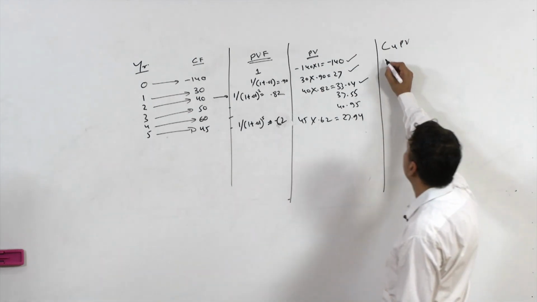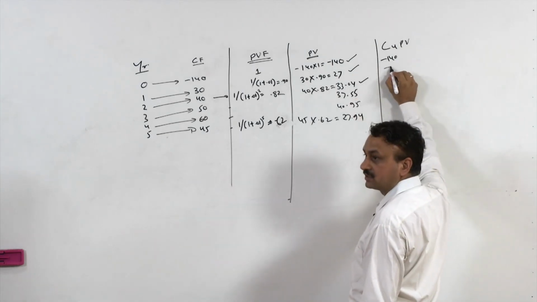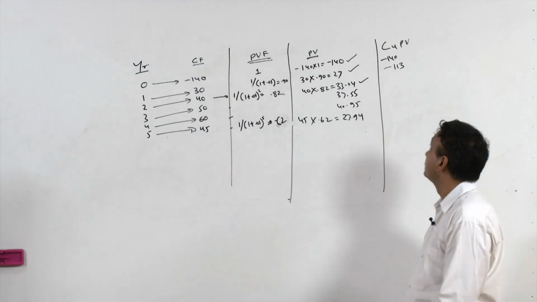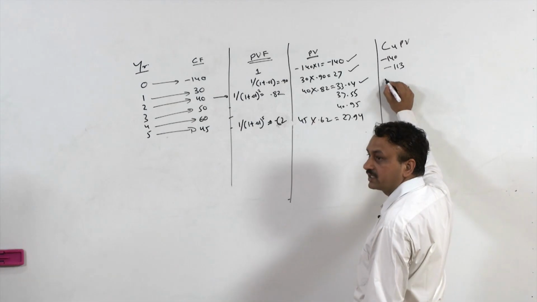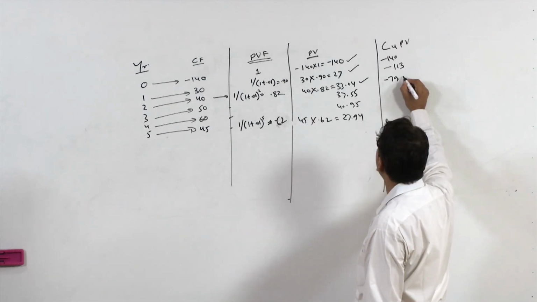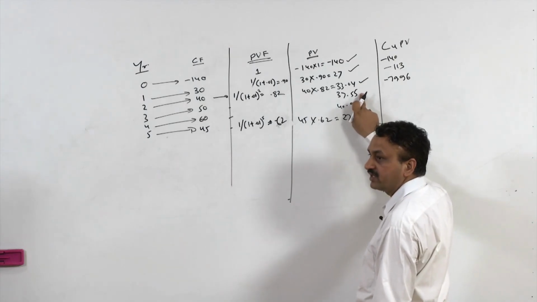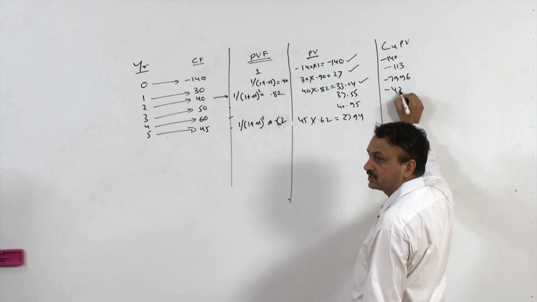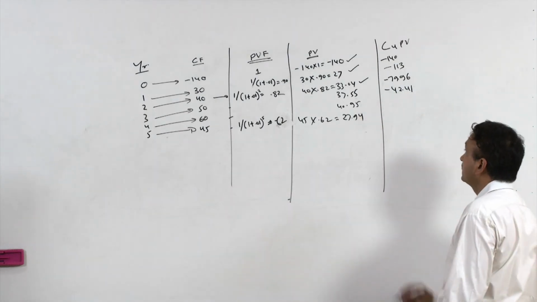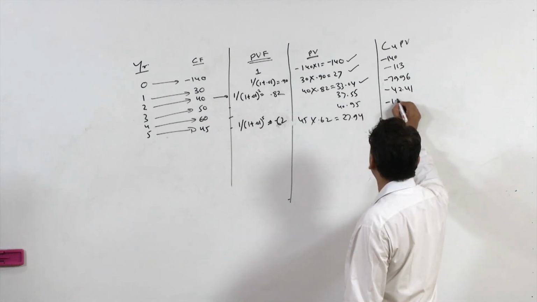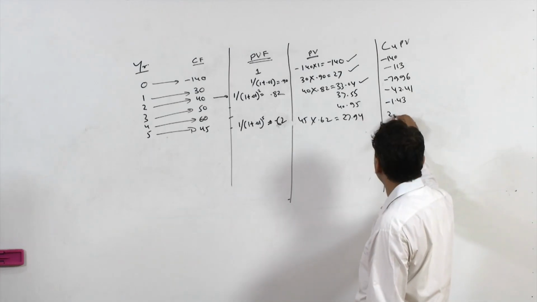So this is minus 140 plus 27, so minus 113, plus 33.04, so you will get minus 79.96, plus 37.55, so you will get minus 42.41, plus 40.98, so you will get minus 1.43, and finally plus 27.94, so you will get 26.51.